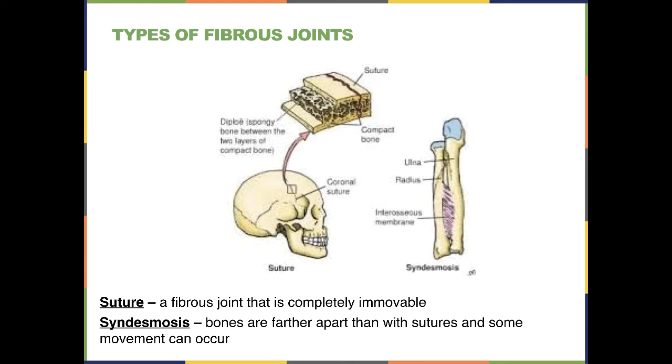As you know, when you turn your hand over from facing the ground to facing the ceiling, the two bones in your forearm, the radius and the ulna, pivot around each other, move a little bit around each other. They're also farther apart from each other than the skull bones. And so this is an example of a syndesmosis.